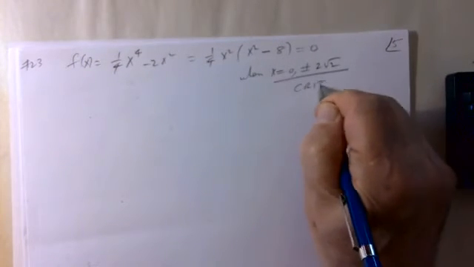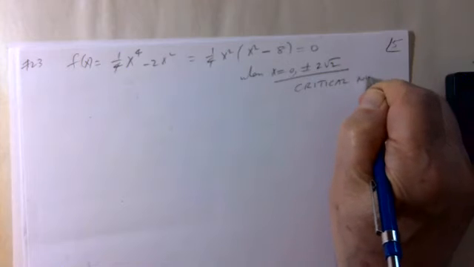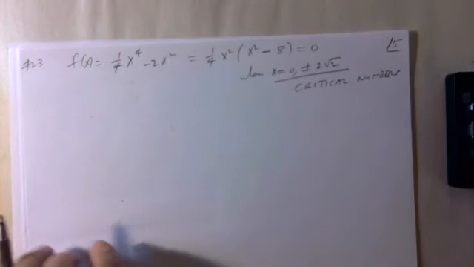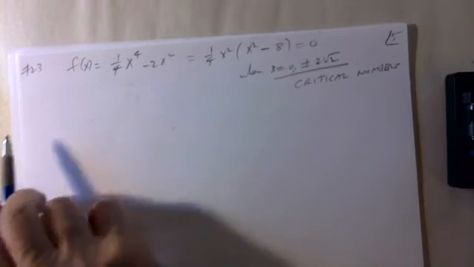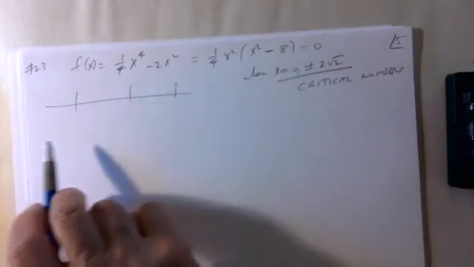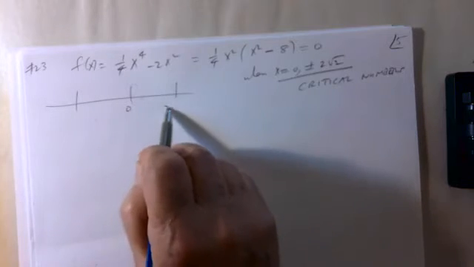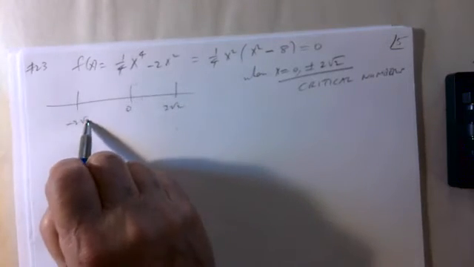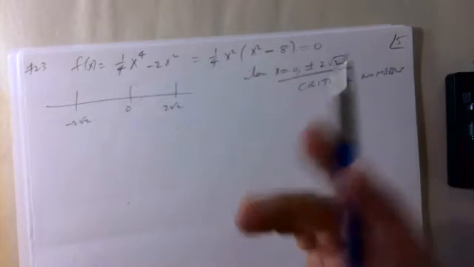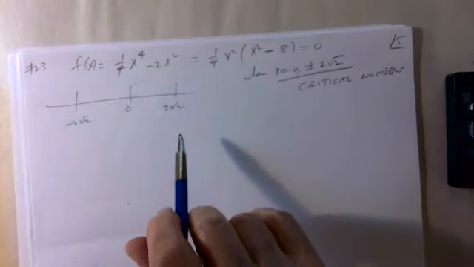So these are the critical numbers. And we look at these on a number line, 0, 2 root 2, minus 2 root 2. A half x squared is always positive or 0.